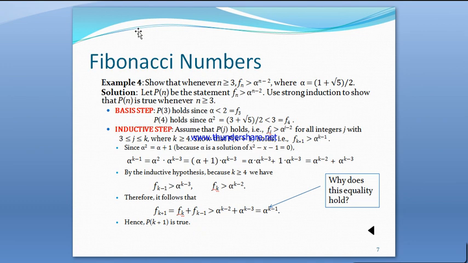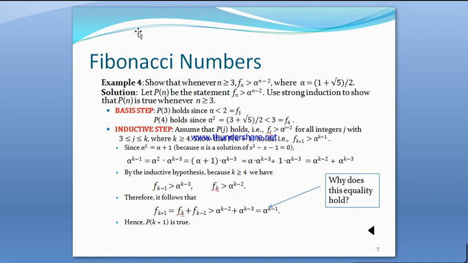Now the first part is to prove that P of 3 and P of 4 are true, because these two are the minimum needed to prove the required result in the inductive step. So in the basis step, we are proving that P of 3 and P of 4 both hold true. Let us consider P of 3.